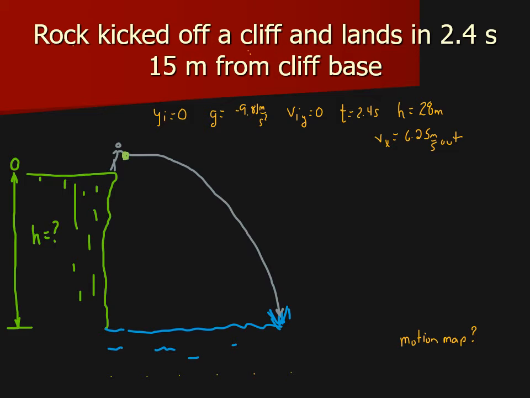That would be 0 seconds, this would be half a second, this would be 1 second, this is going to be 1 1/2 seconds, and this would be 2 seconds. I can't really get 2 1/2 seconds because the time ends at 2.4 seconds, so that's all I get. So 0, 0.5, 1, 1.5, and 2, and all of these are seconds.